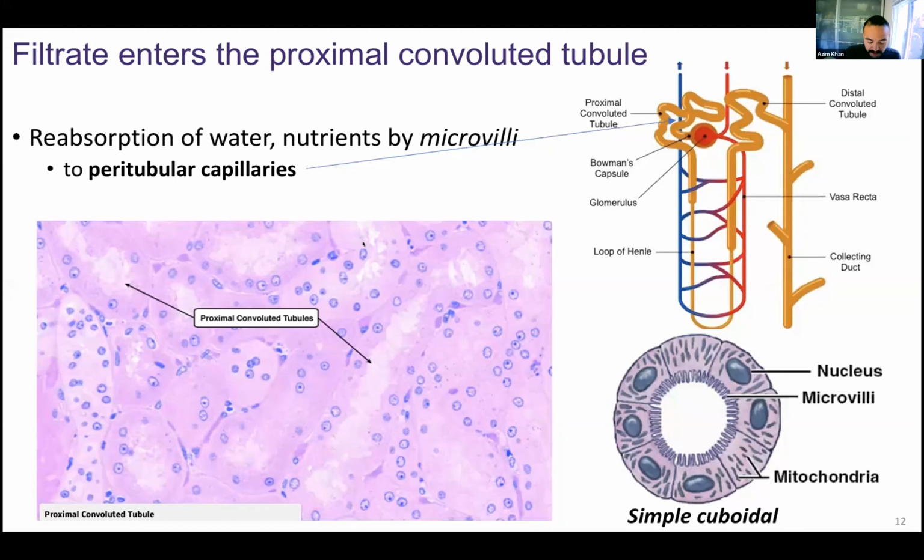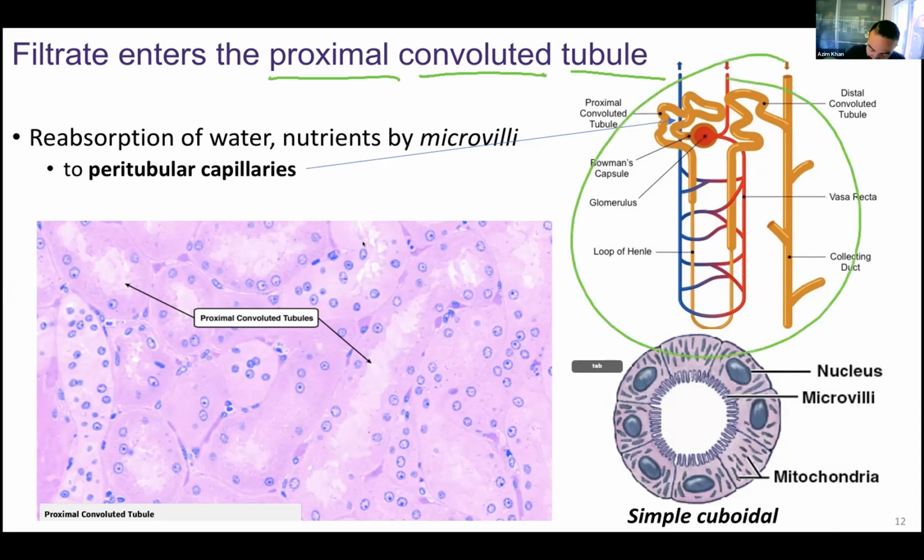The next portion of the nephron that we enter is called the proximal convoluted tubule. It's a tubule. It's convoluted. It's twisty, and it's proximal to the Bowman's capsule in terms of the pathway. Proximal convoluted tubule. Take a look up here.